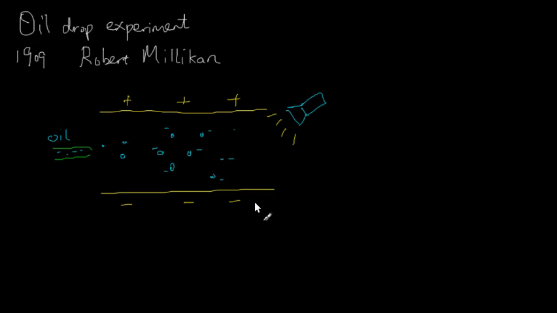So that's a problem, and we'll talk about how to sort this out later. But for now, the first step in this experiment is to measure the charge on each droplet. We don't know how many electrons there are, but let's try and measure the charge first. We'll worry about the number of electrons later.